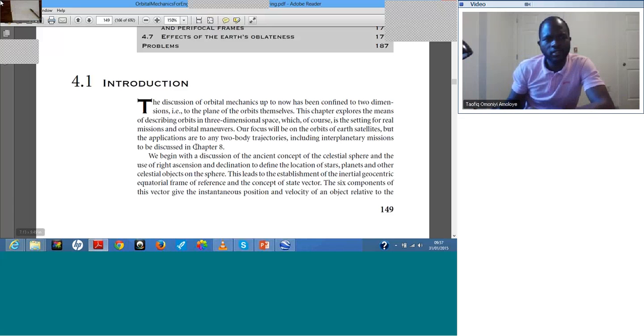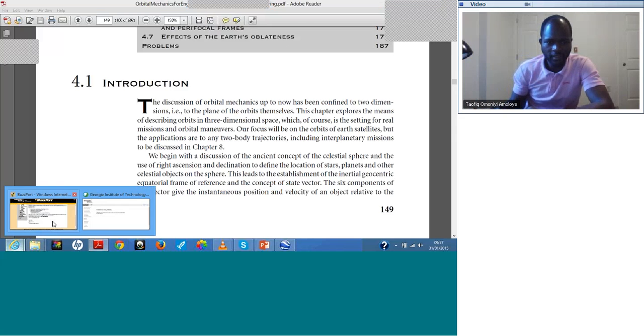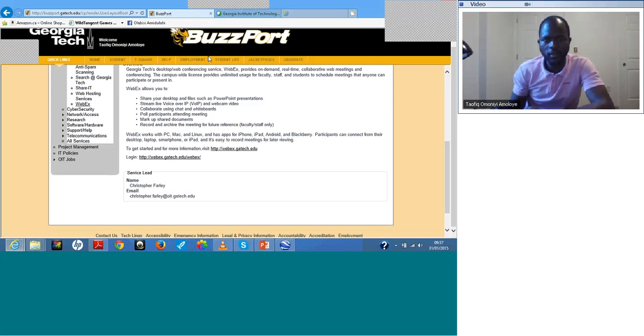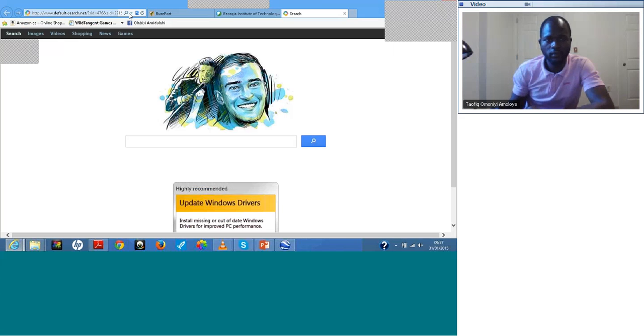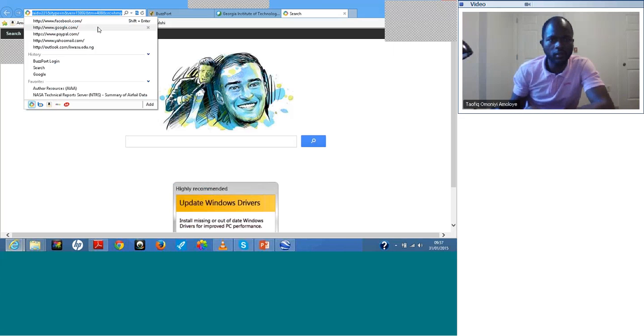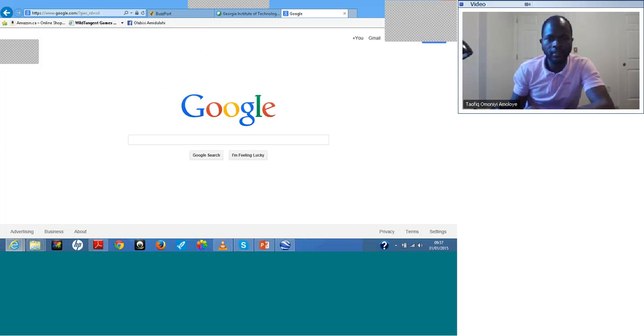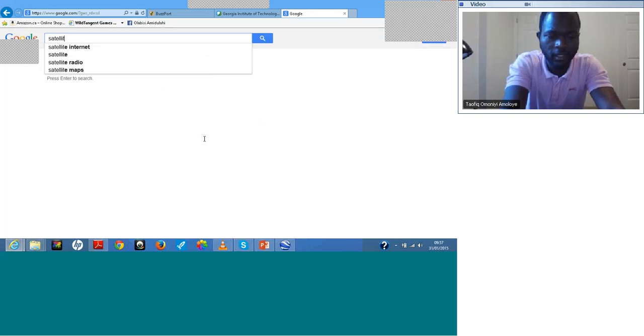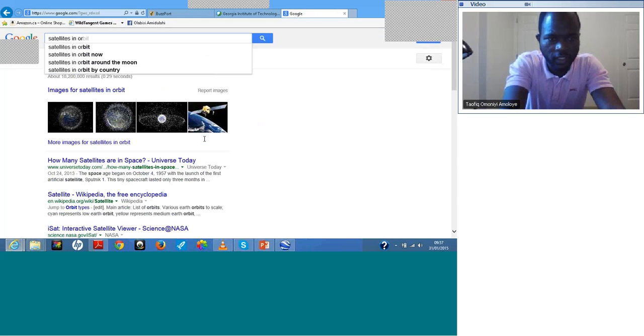Well, at this juncture, I think I might just want to quickly search over the internet if I can get a very nice picture which probably depicts satellites in orbit around the Earth. So let's see if we can get some. Yeah, there are some.